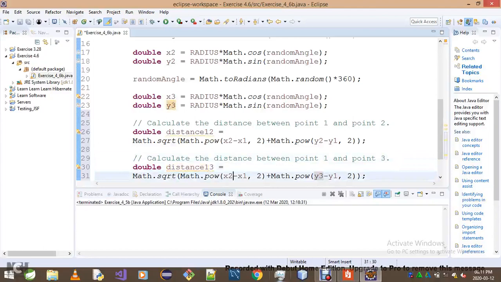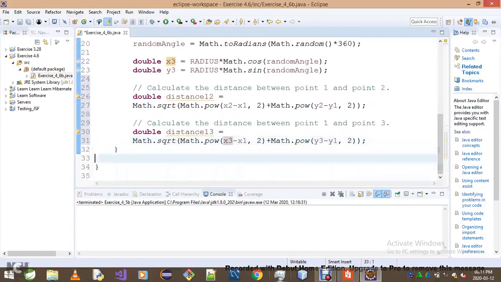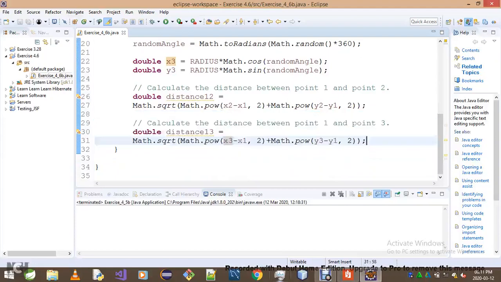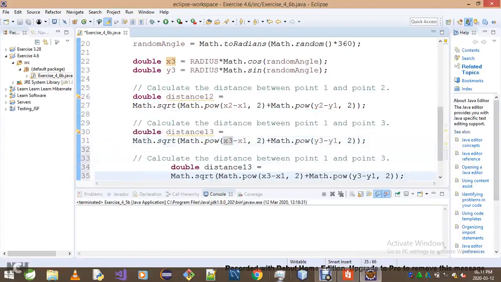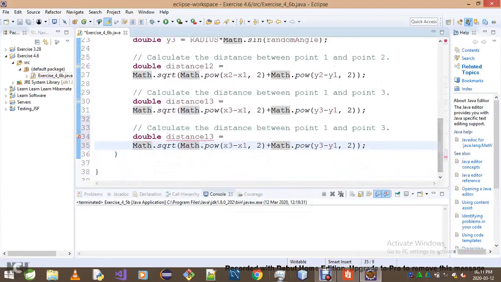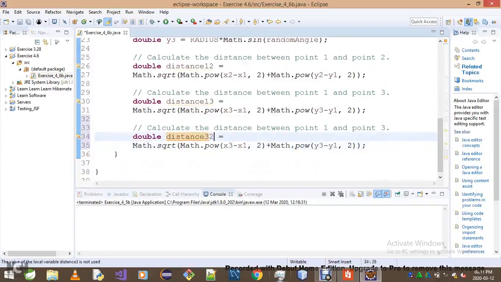Okay. Lastly, I want the distance between point 2 and point 3. Okay, and if I'm going to use the cosine rule, then I have to, let me just, distance between point 2 and point 3.